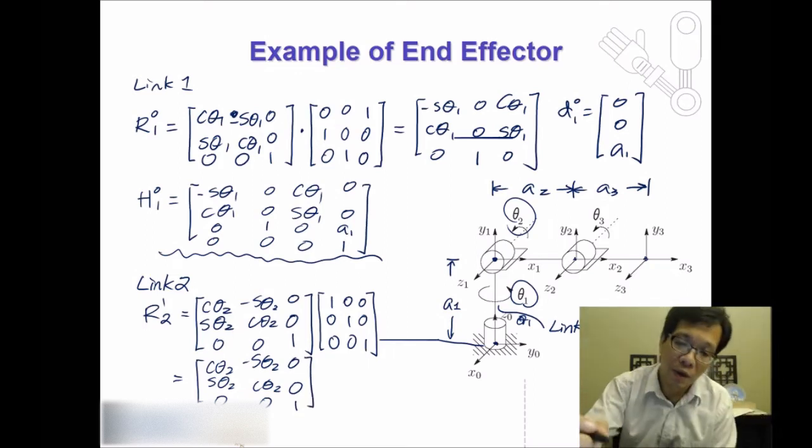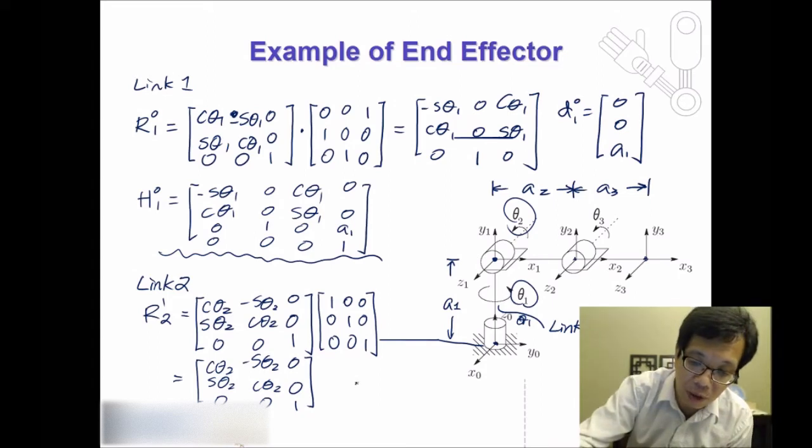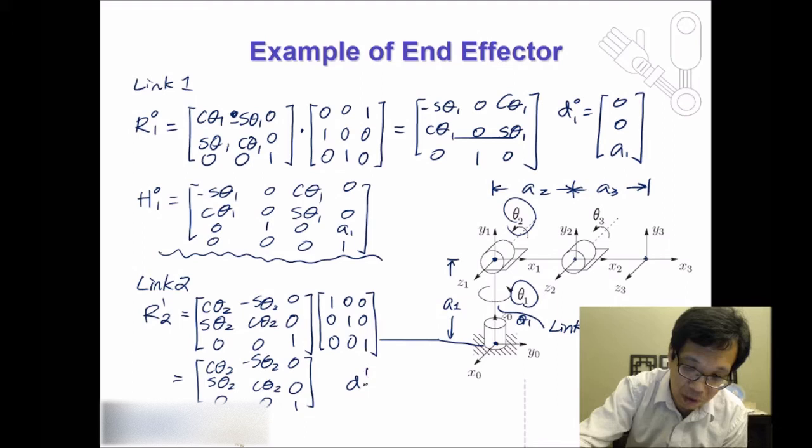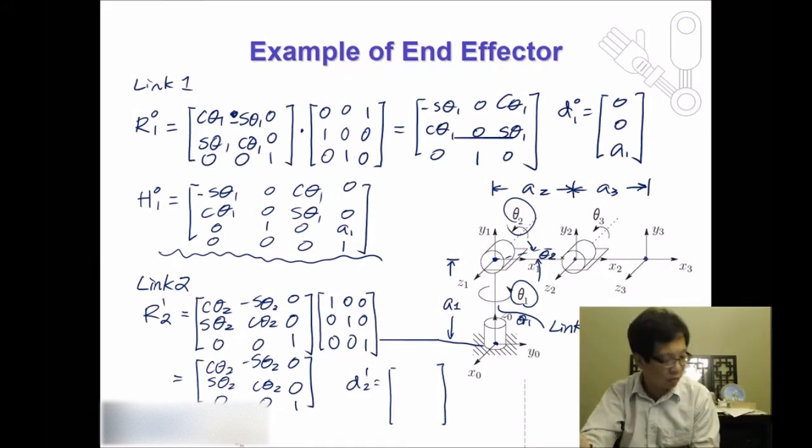Okay, we also need to define what is the distance. So we are going to have d2, d1 to 2. So if this one is rotated by an object and the movement is going to be theta 2.